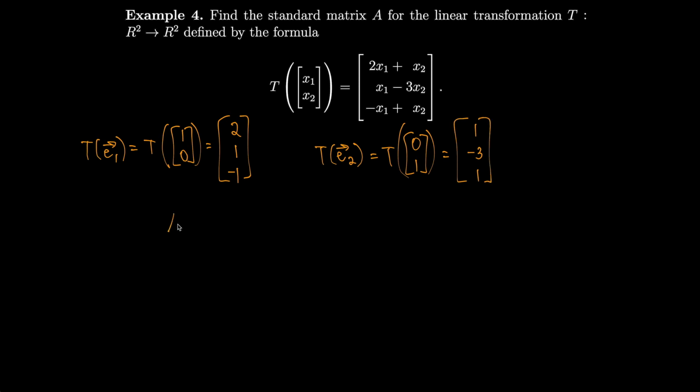Now we'll form the matrix A by taking T of e1 and T of e2, just like in our proof. The first column is 2, 1, minus 1, that's this one. And our second column is 1, minus 3, 1.